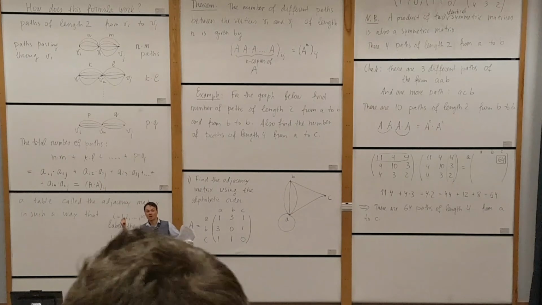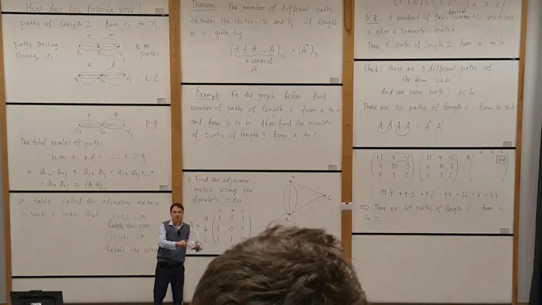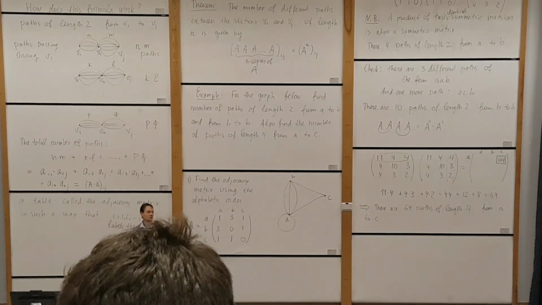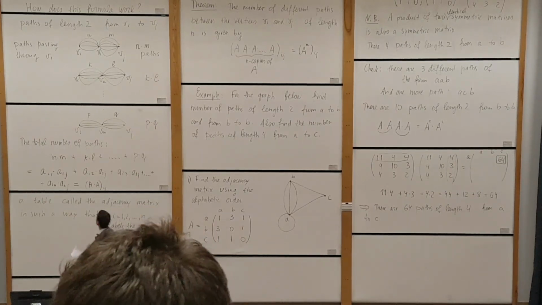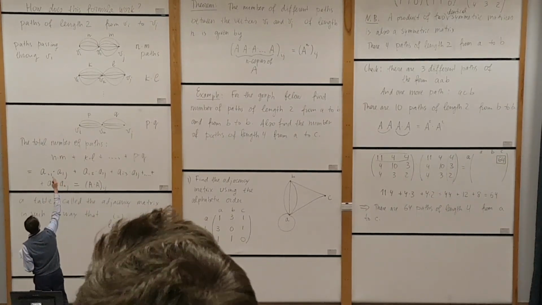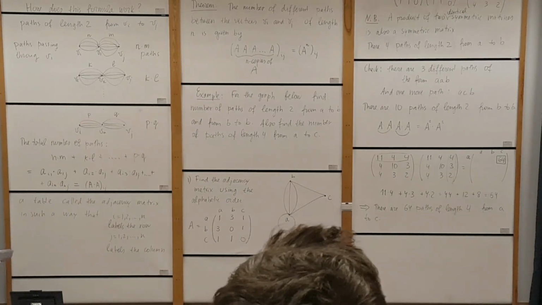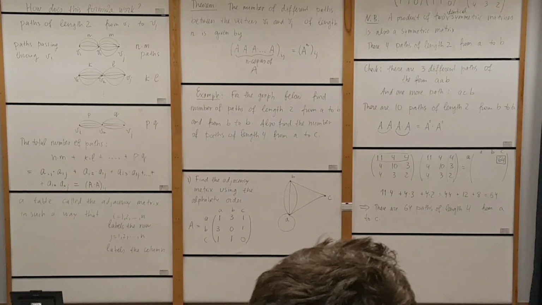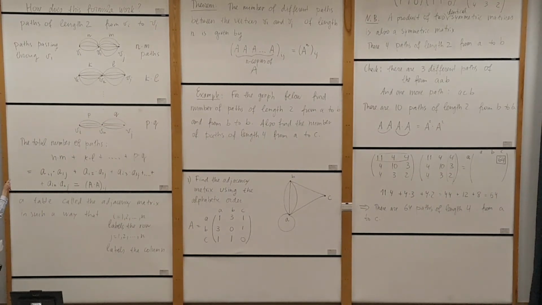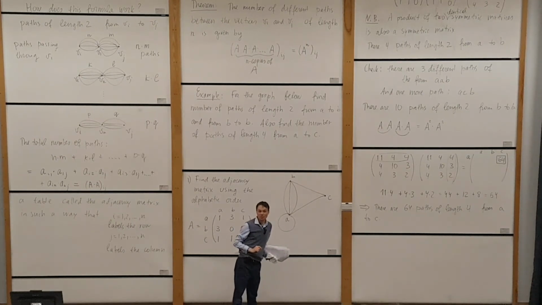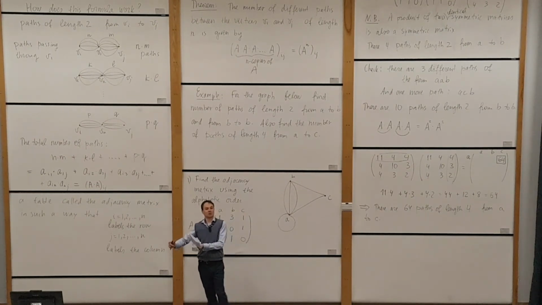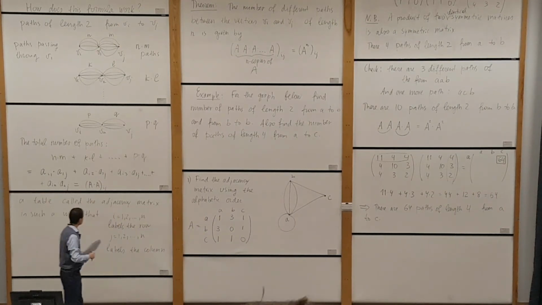And that realizes for us the product and the sum rules of combinatorics. Right? We use the sum rule when we count different possibilities of the intermediate vertex, and we're using the product rule when we're choosing the possibilities for the first edge and the second edge. Right? So interestingly, the matrix multiplication, which is defined in this strange way, which is very laborious, actually implements the counting rules of combinatorics.